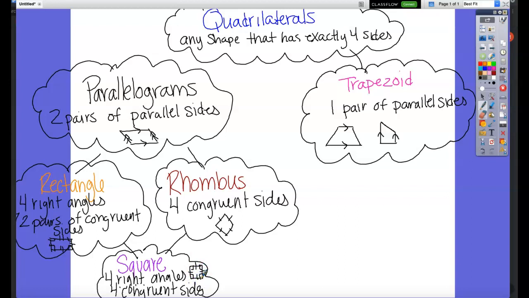Okay, so just as a quick note, I can have a quadrilateral that is a parallelogram, that is a rectangle, and a square. So the most specific would be a square because it does have 4 right angles, it does have 4 congruent sides, which means it has 2 pairs of parallel sides.